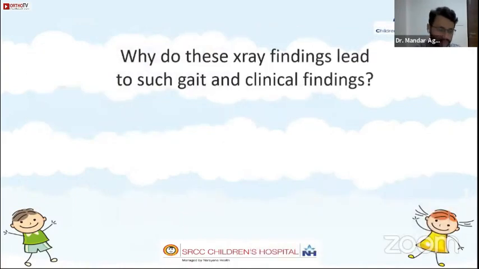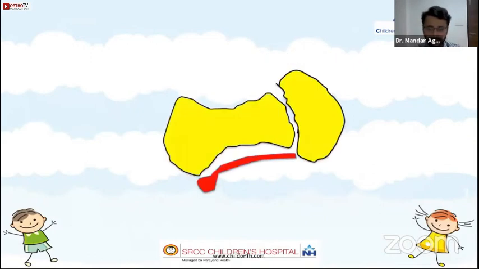So we should know why these X-ray findings lead to such clinical findings. You have the proximal femur here, and if there is anything extremely important in the proximal femur, it is this blood supply which goes from the posterior aspect, as Dr. Rudra Prasad said, to the proximal femoral capital epiphysis. So whatever the treatment is done, we have to protect this blood supply.